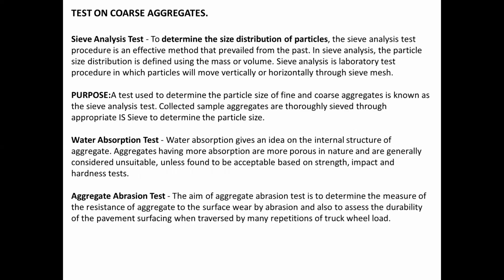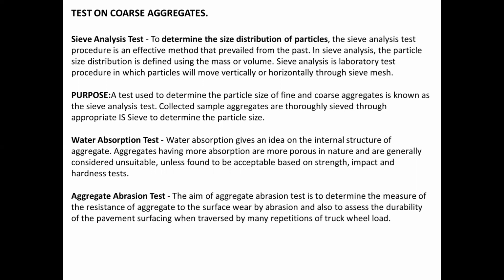Test on coarse aggregates, and here are the following. First, we have the sieve analysis test. This is to determine the size distribution of particles. The sieve analysis test procedure is an effective method that prevailed from the past. In sieve analysis, the particle size distribution is defined using the mass or volume.